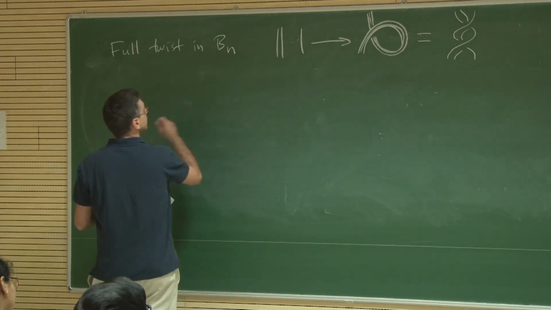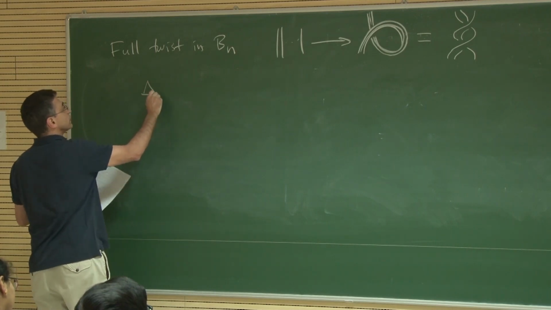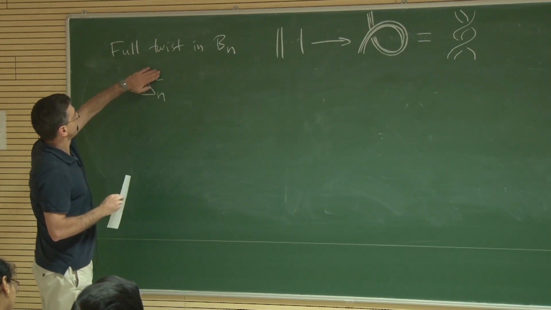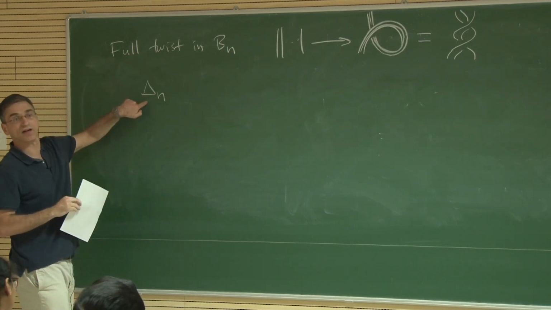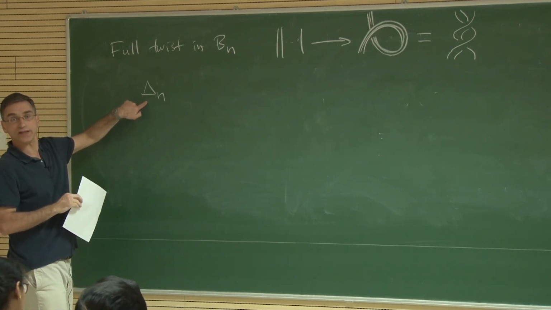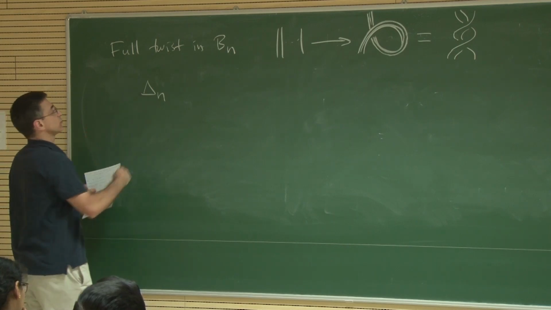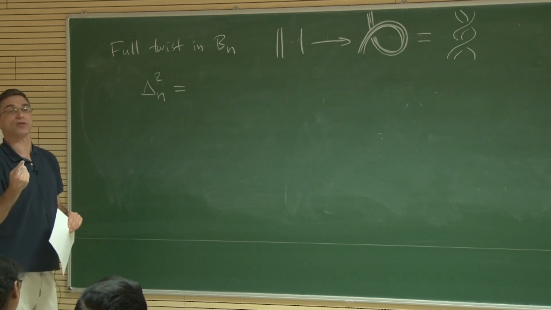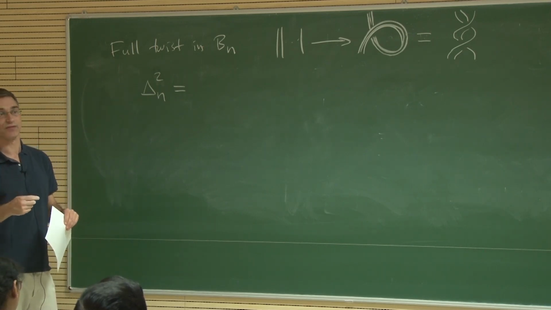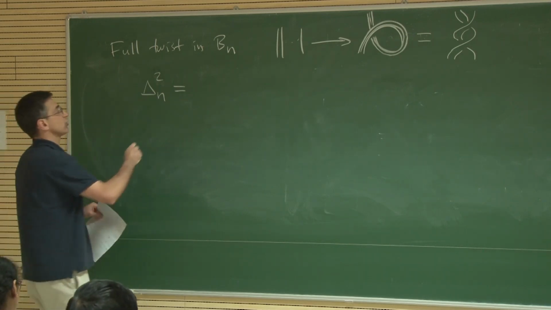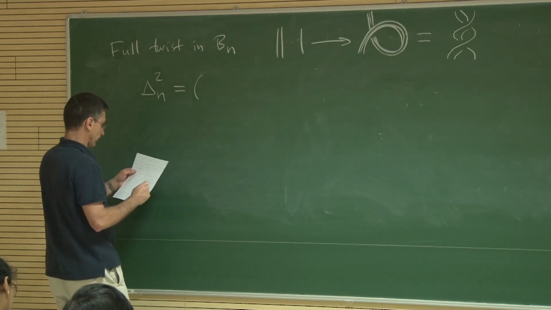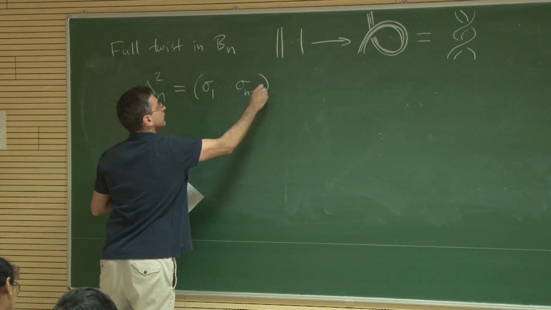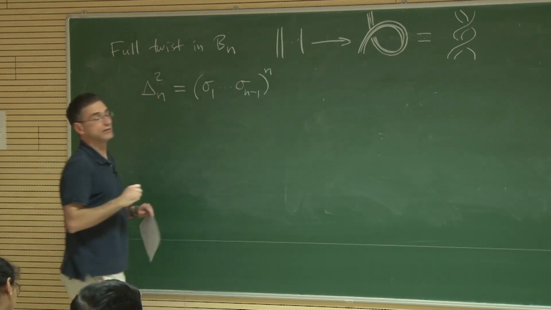And if you write it in algebraic notation, using the Artin generators, it's usually denoted like this. Without the square, this is a half twist. So you take a half twist, and then if you square the half twist, you'll get a full twist. But in the Artin generators, there are many, many ways to write this. The full twist can be written in many, many ways in the generators. Here's a very standard way to write this: sigma 1 to sigma n minus 1 to the nth power.